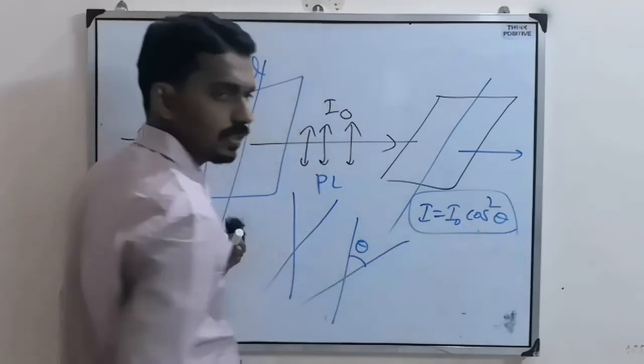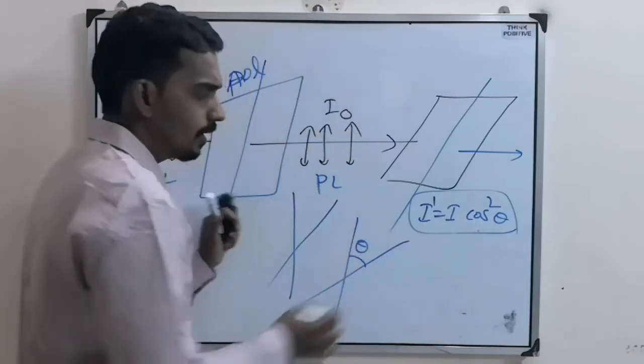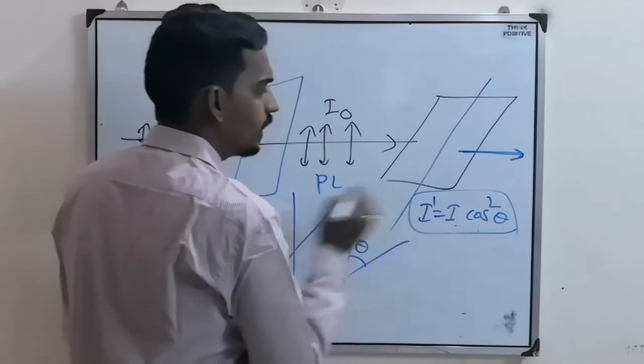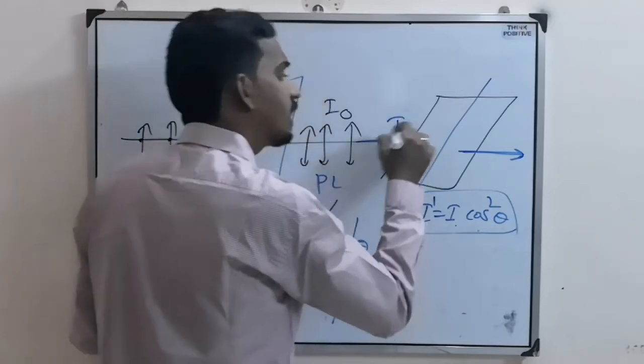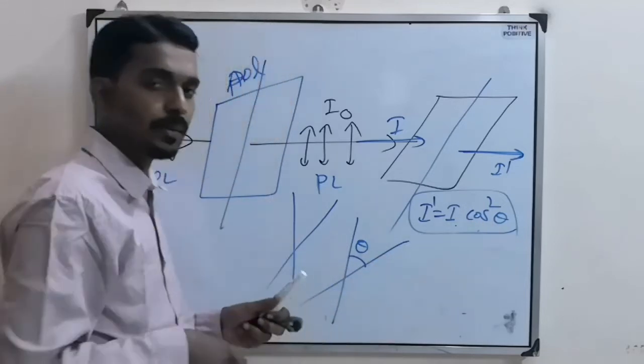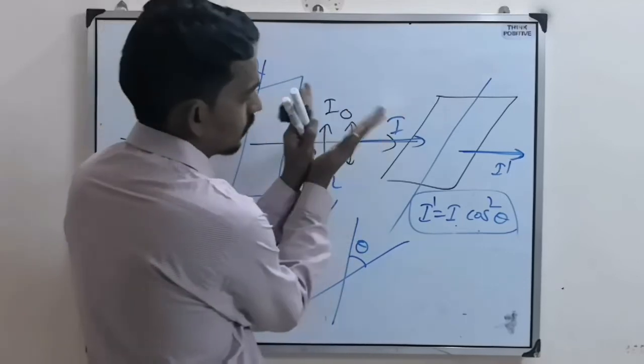Or you can simply take I dash equal to I cos square theta, where I dash is the intensity coming out of the analyzer, I is the intensity falling on the analyzer, and theta is the angle between the transmission axes of the polarizer and analyzer.